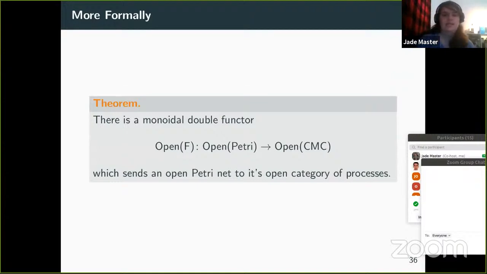And what it does is it's given by pointwise application of F. So for an open Petri net, which is a cospan, it applies the free commutative monoidal category on each piece. And it turns it into its open category of processes. And like I said before, because F is a left adjoint, it preserves pushouts. And that's where the functoriality of this double functor comes from, the preservation of these pushouts.